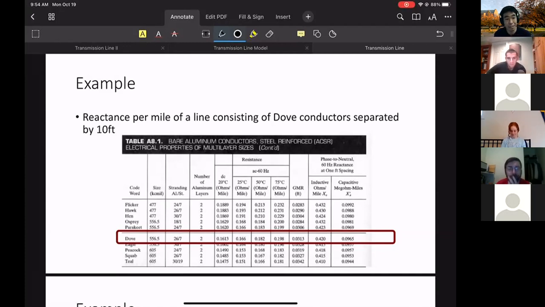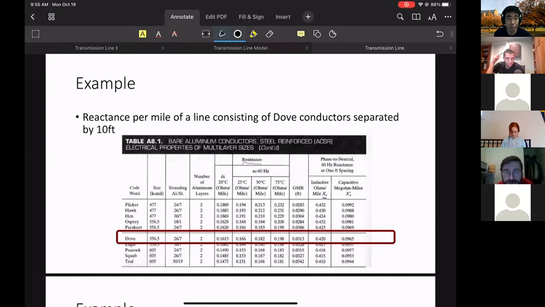You look up the code name, and that gives you a big table of things you can look up. For example, you can look up different resistance at different temperatures. You can take an average temperature at which your line will be operating and get a resistance value. It will also tell you the XA value, and the resistance and the capacitive values.